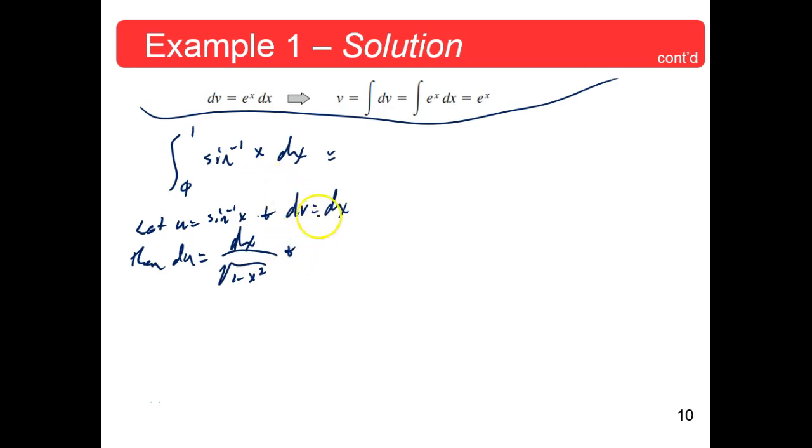And over here, what did you get? This is just dx. V is equal to x. Just integrate both of them.